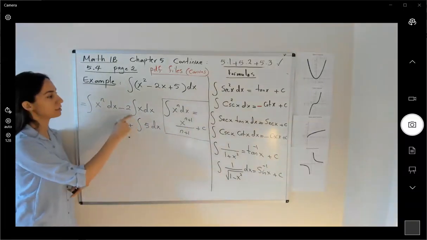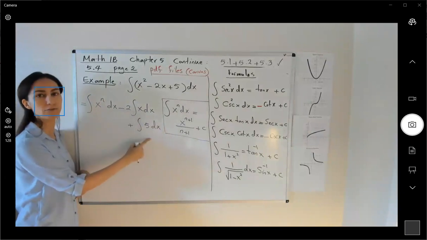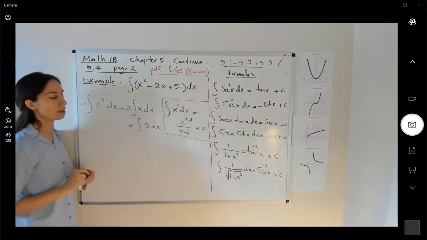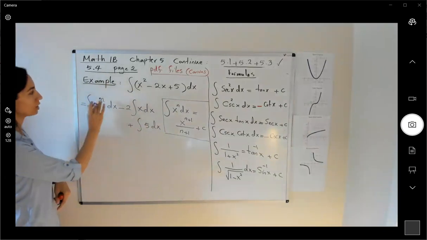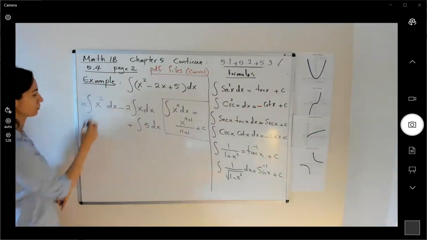You can write these in separated forms and just eventually add and subtract the outcomes. So here you have exponent 2.